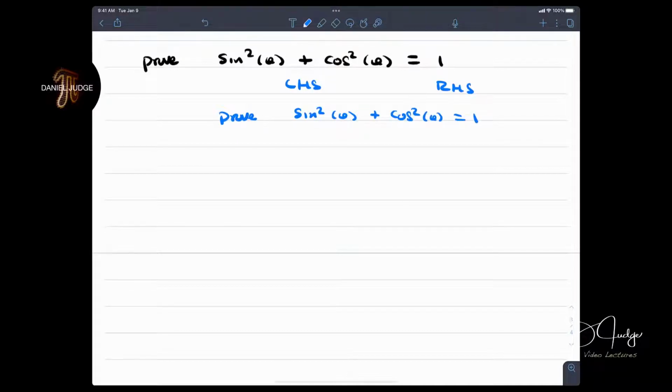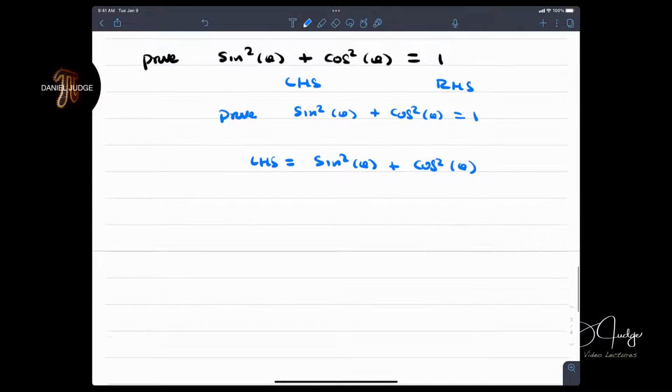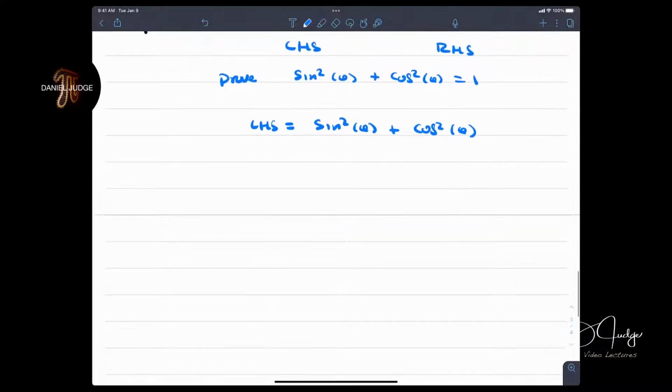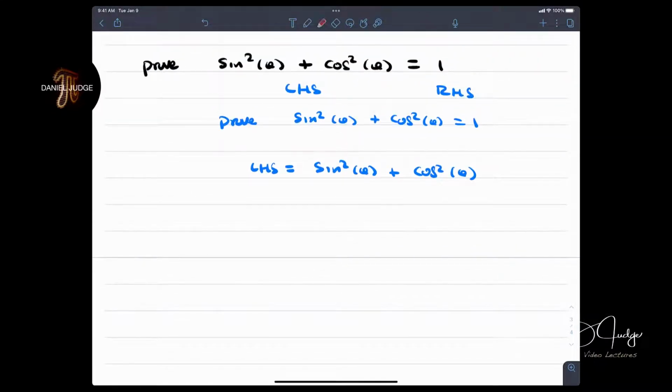So let me show you a way that it can be done. Right, the left-hand side equals sine squared theta plus cosine squared theta. Okay? Because that side is on my left.